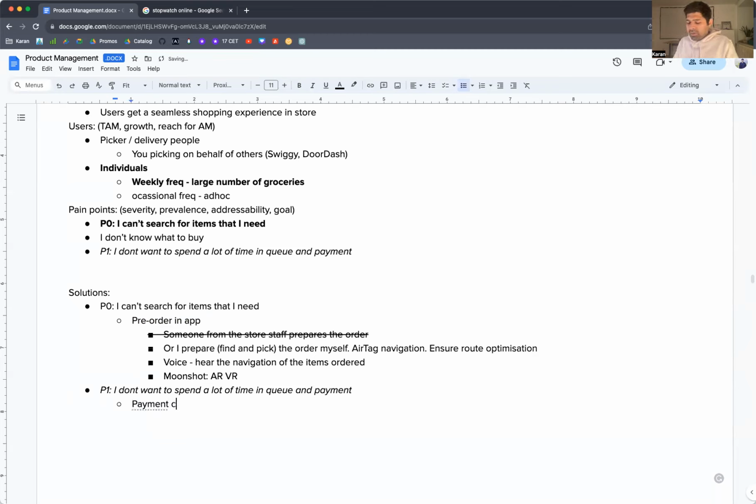So payment can be done on the app, and you are avoiding all of the queues. So you order 10 items, go to the store, leverage any of these three solutions, find all of the items, and just move out of the store as if you have done the checkout. I think that is pretty much it. That would be the only solution, I think, that is important from avoiding the queue and making a seamless payment.